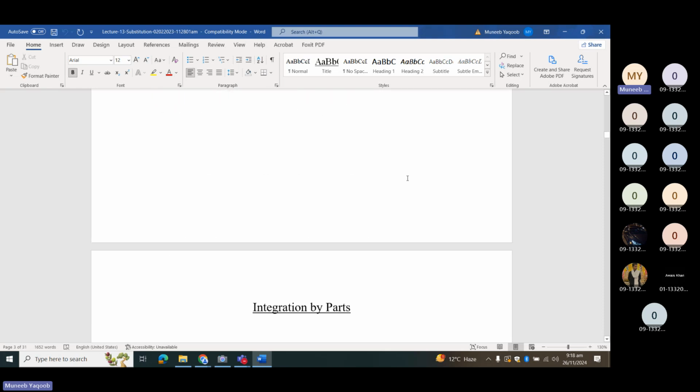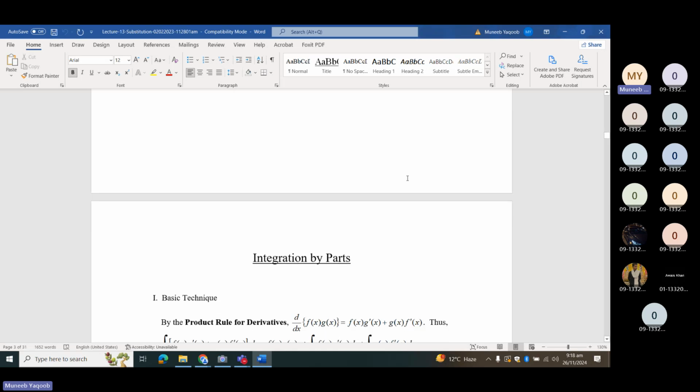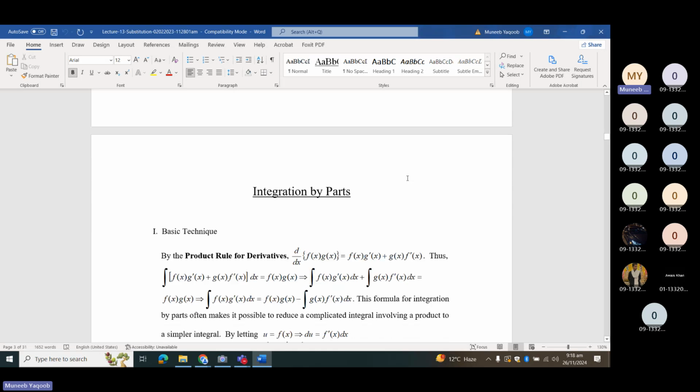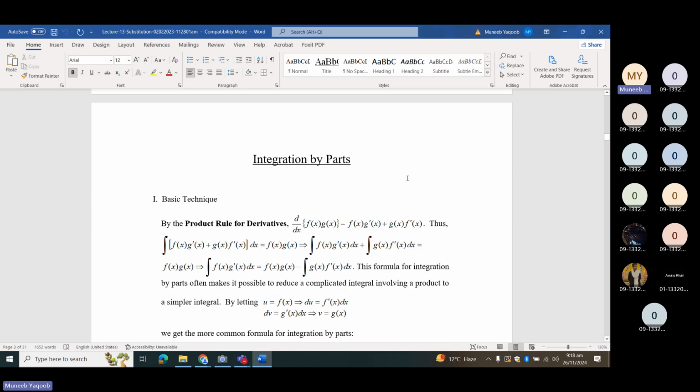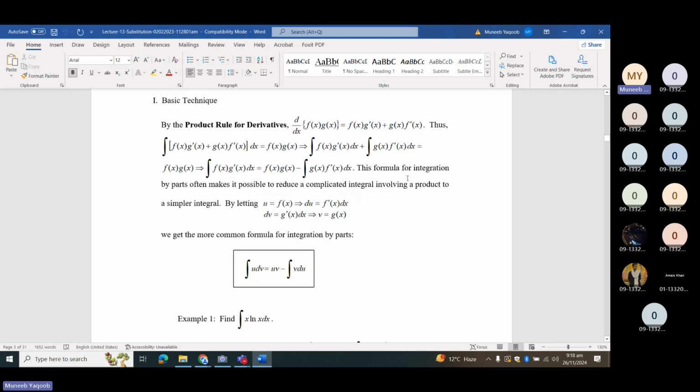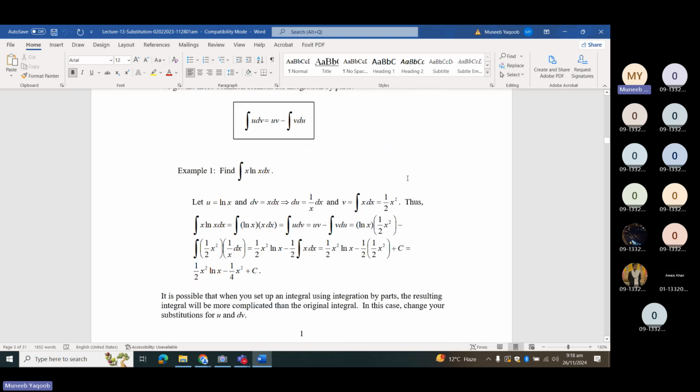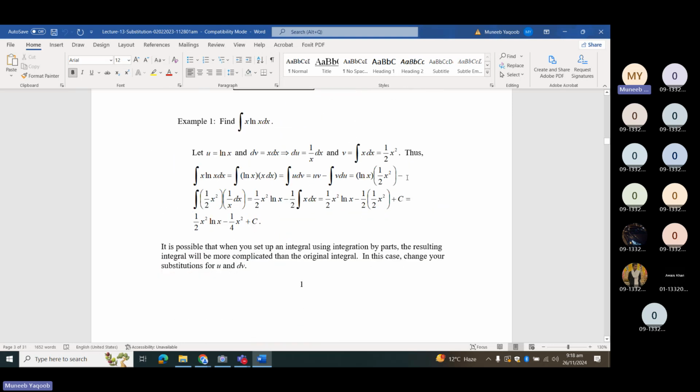So now let us solve some questions related to integration by parts. Okay, so for integration by parts, the first example given here is basically integral x ln of x dx. So how we will solve this question?